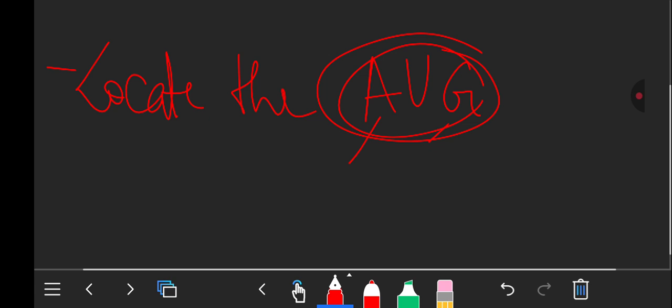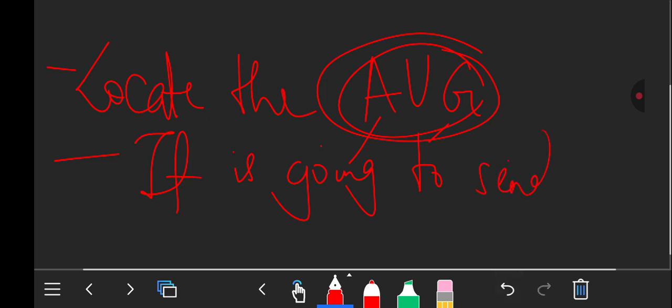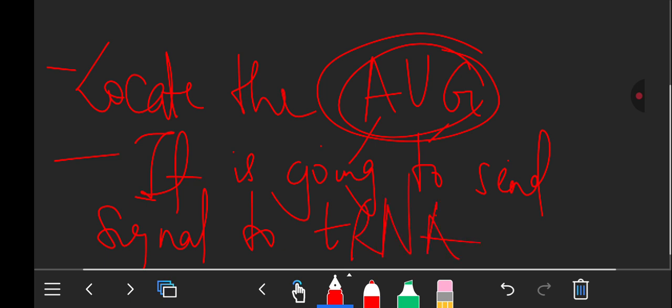It is going to send a signal to tRNA, so that this tRNA can find the amino acid which corresponds to this codon.